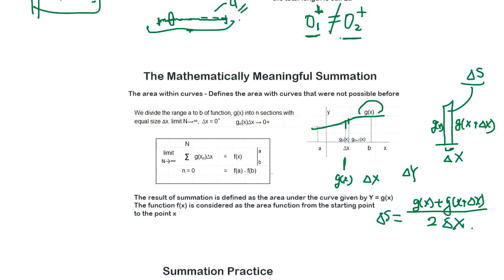Okay, so you add them all from value a to b, okay? Then make delta x small. When you make delta x small, the number of these infinitesimally small values becomes an infinite number.